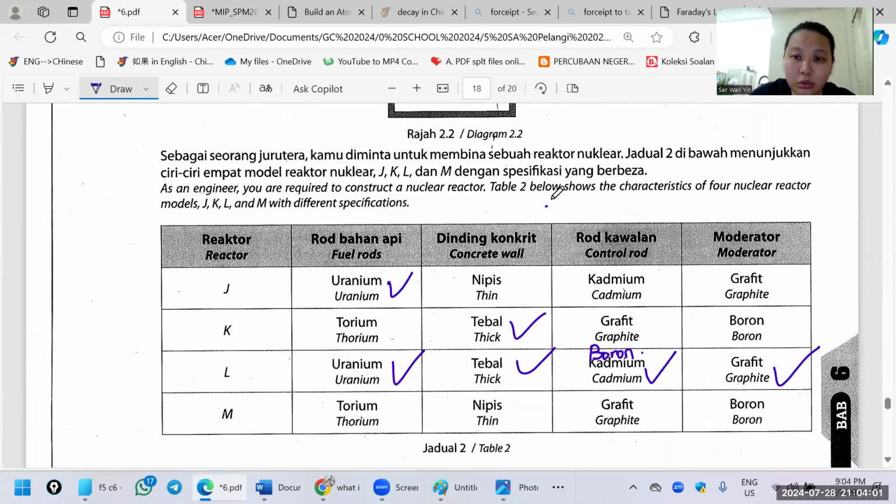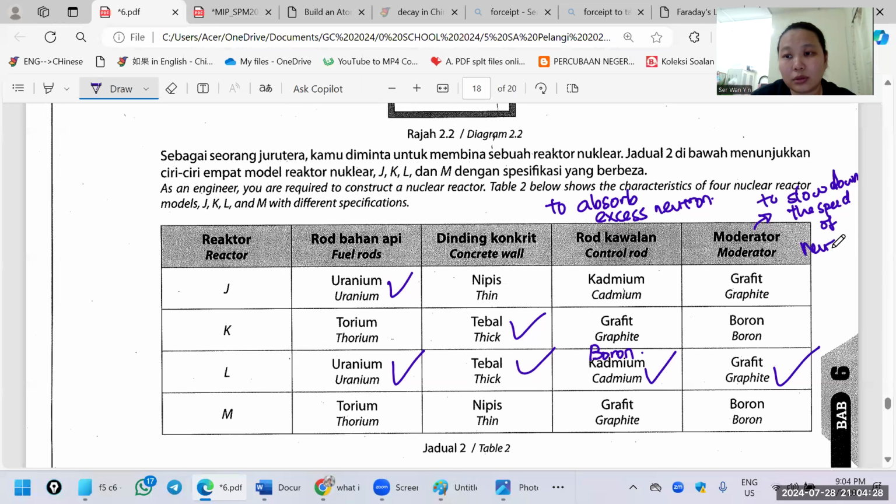Control rod is to absorb excess, too much neutron excess. Moderator is to slow down. It's a must to memorize. To slow down the speed of neutron.